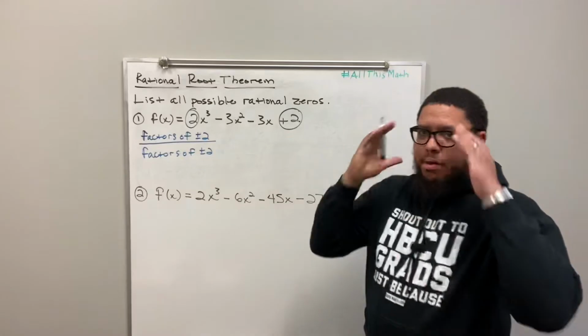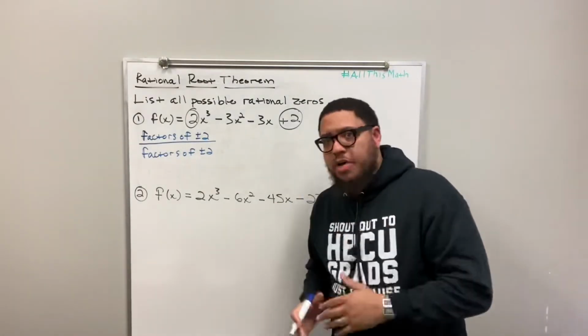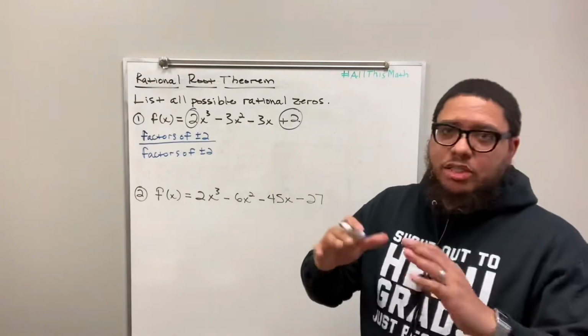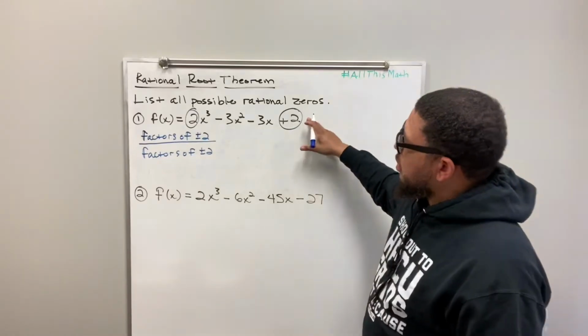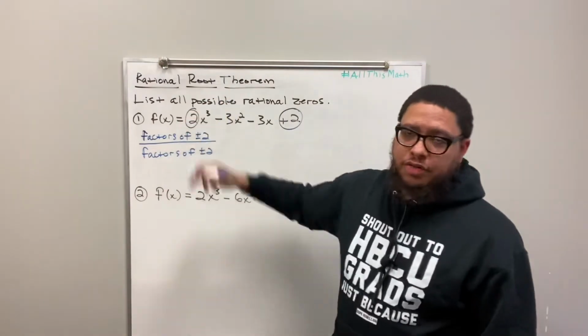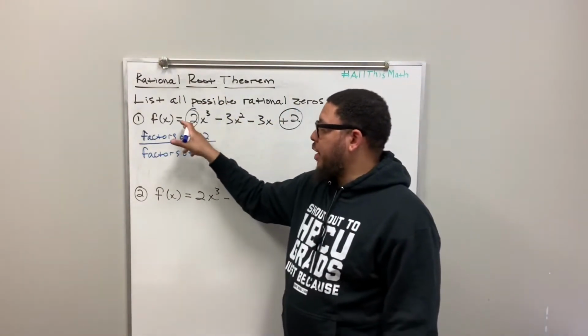So basically, you want to memorize this: the Rational Roots Theorem says that you can find all of the possible rational zeros, or possible solutions, by taking all the factors of the constant and dividing that by all the factors of the lead coefficient.